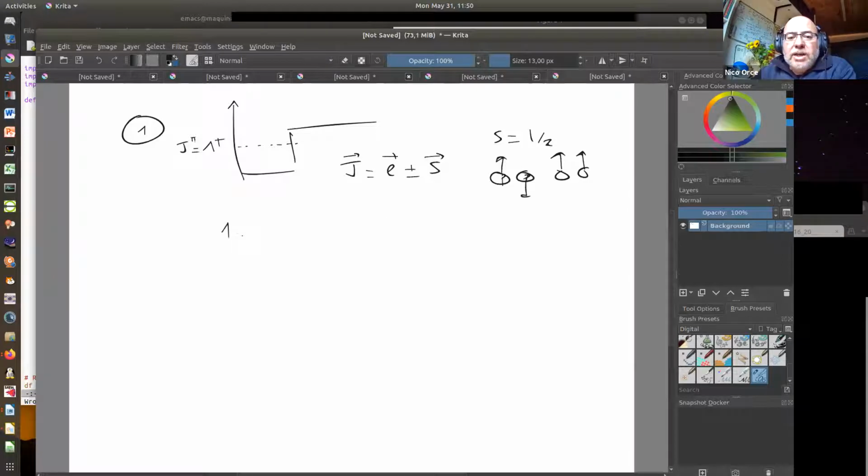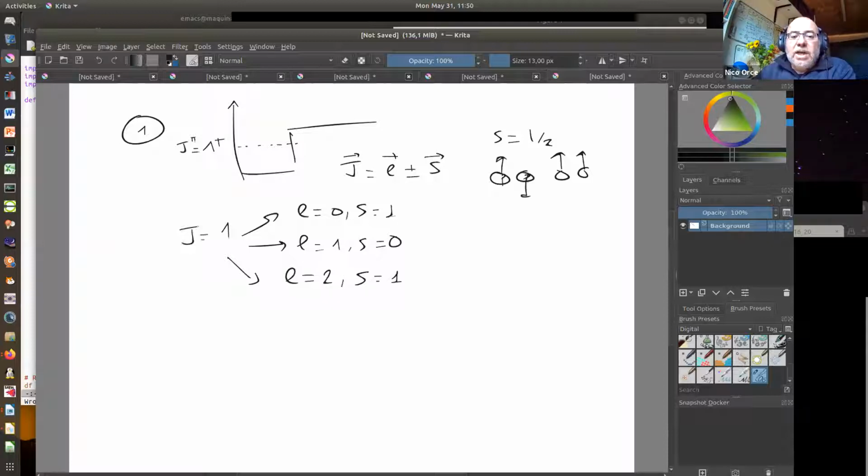So to make J is equal to 1, L can be equal to 0, S is equal to 1, then L is equal to 1, S is equal to 0. Or you can have L is equal to 0 and S is equal to 0, L equal to 2 and S is equal to 1, right? So these are the possibilities if you have a J equal to 1.